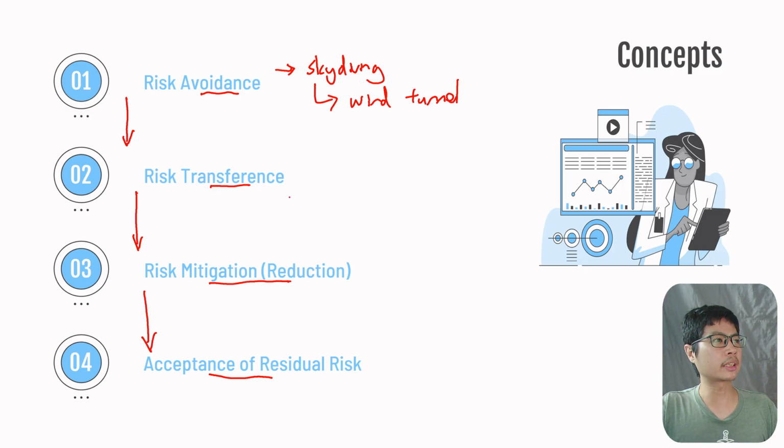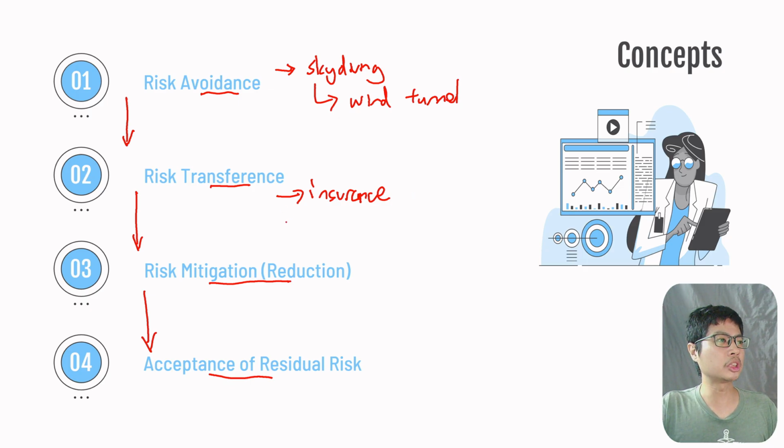And similarly, for the activity of skydiving, what are some of the steps we can take to transfer the risk? A lot of the time when we look at risk transfer, we are looking at insurance. Insurance would help to pay for some of the medical costs if something were to go wrong, so it's definitely a way of transferring some of that risk to the insurance company.